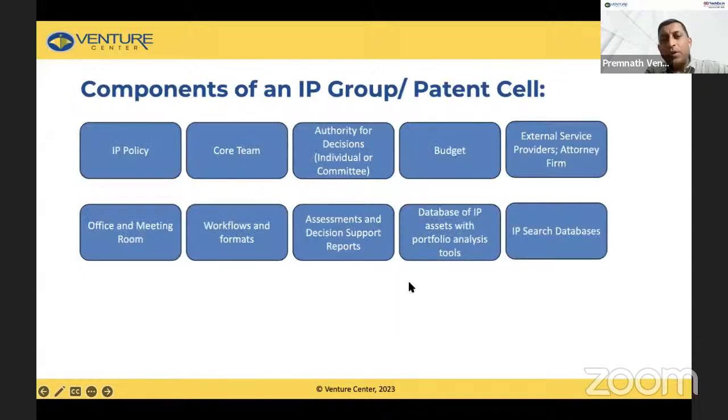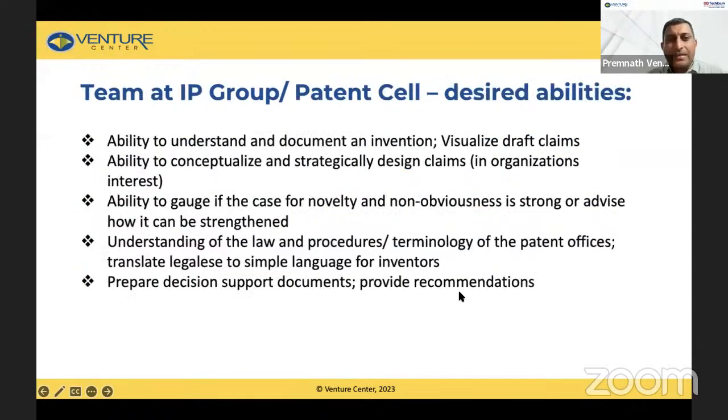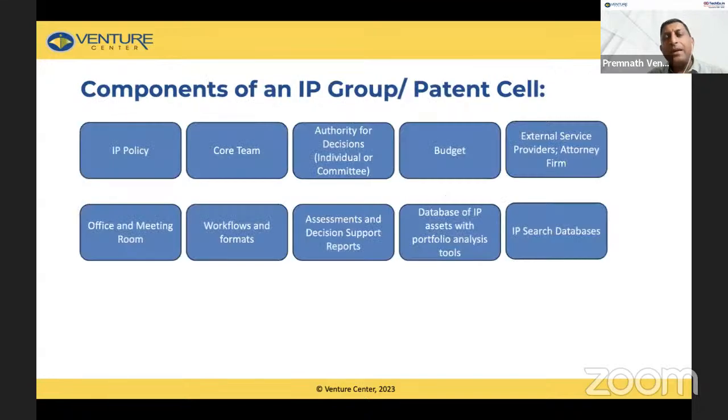A typical IP group or a patent cell consists of some of these parts, which I'm trying to list here. Let me start with the first one, which is the IP policy itself, right? And the IP policy, you will hear, is a separate talk in itself, but let me give you a few pointers about it.